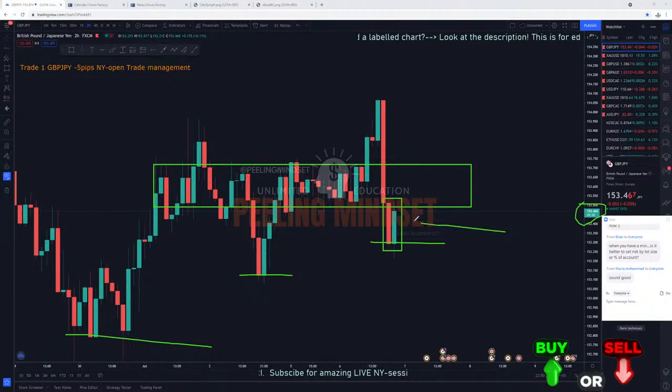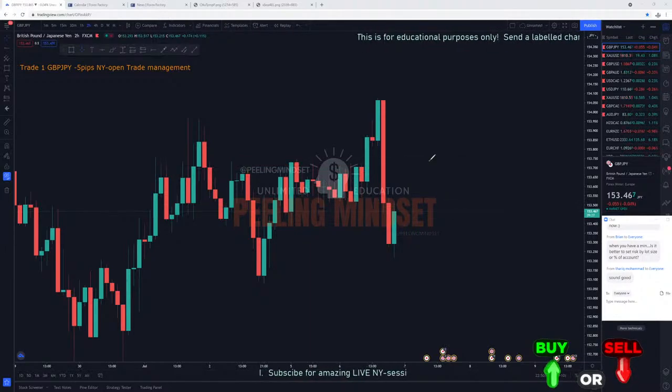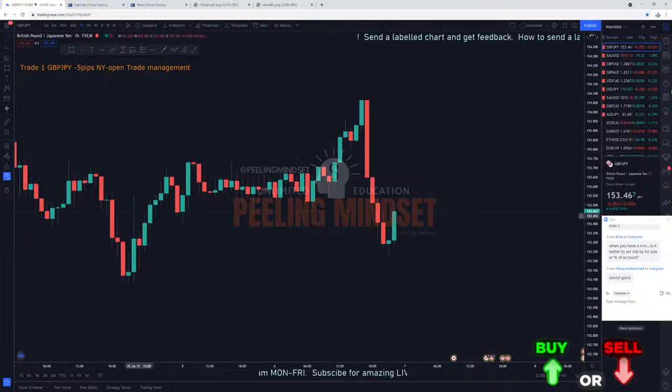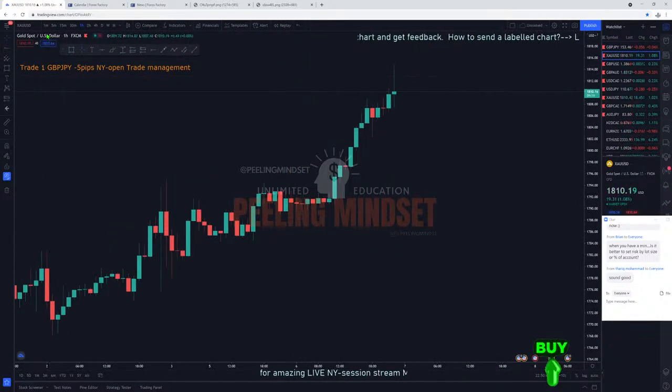If it's a fake breakout on the bottom, prices can push up, to be honest. So let's see. My second bias in pound yen for now is turning out to be buys, looking at the 2-hour structure. So I've got to wait another 9 minutes, and then I can take a trade.